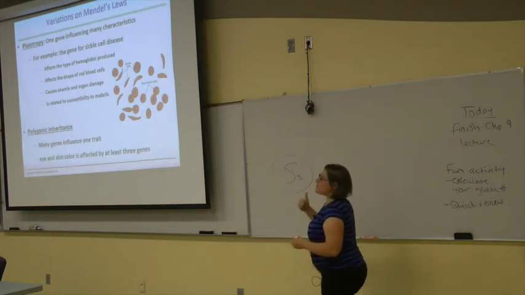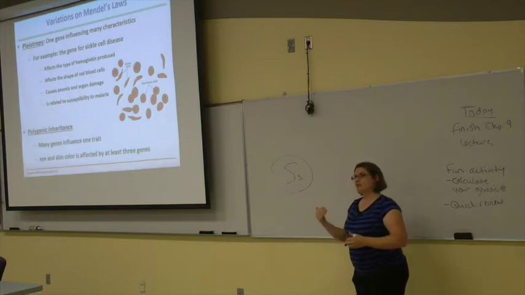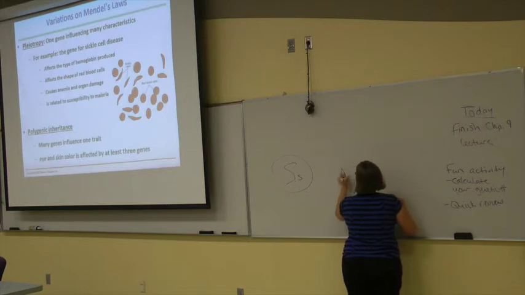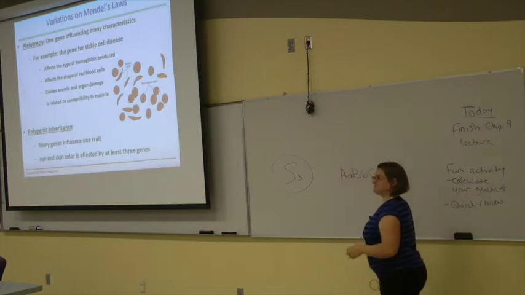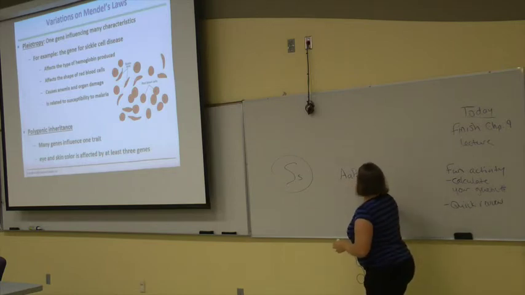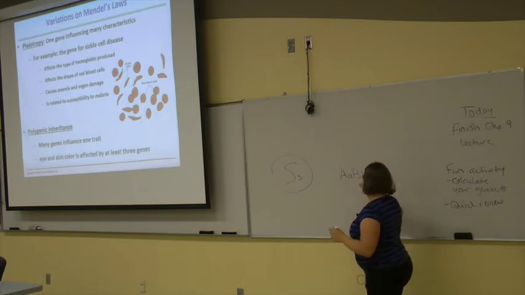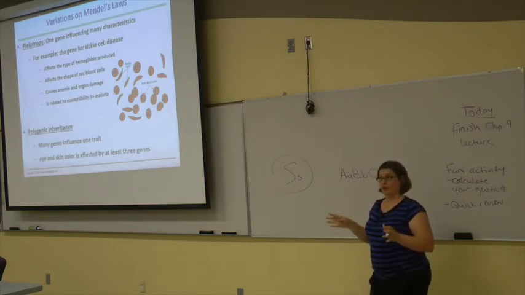So an example of the genotype for eye color or skin color would look something like this. Okay? So you've got 3 separate genes influencing that one trait, the A gene, the B gene, and the C gene. All right?